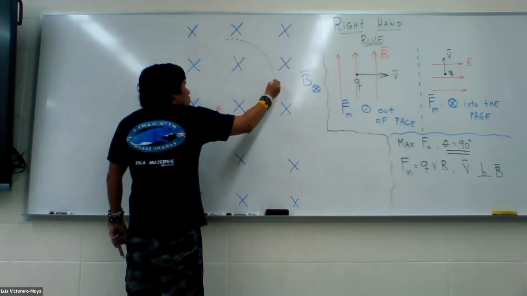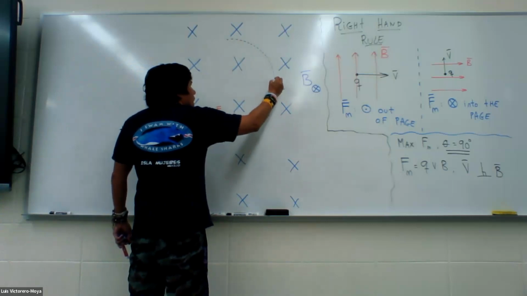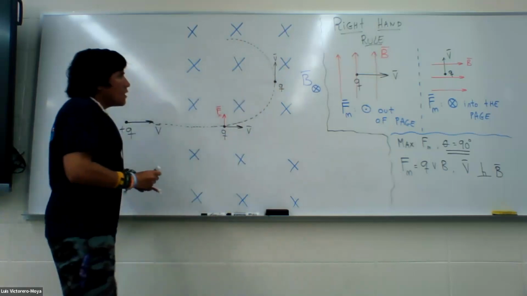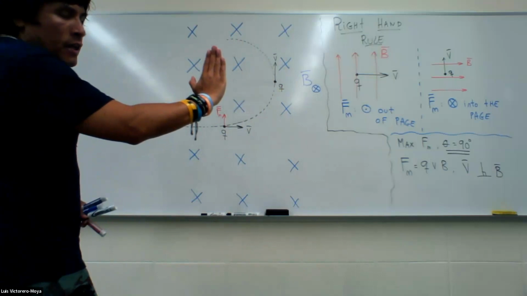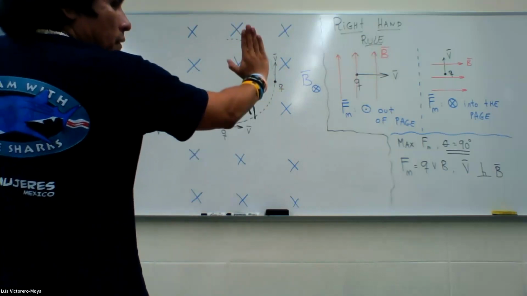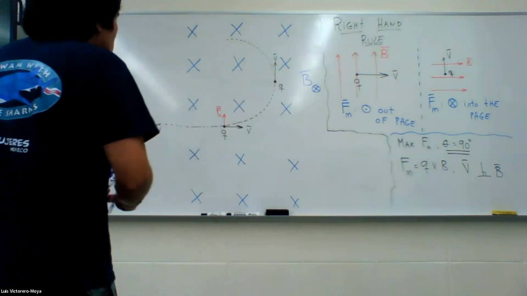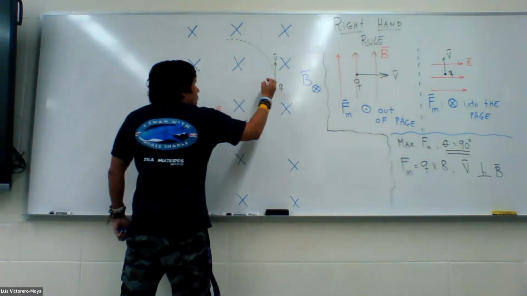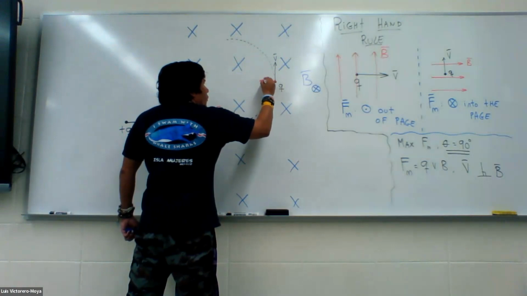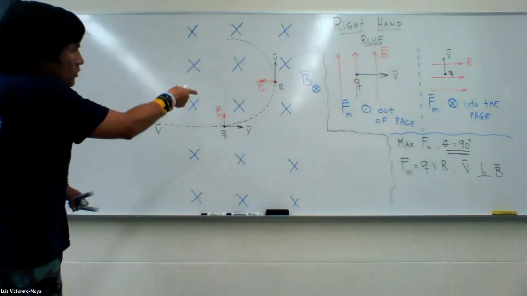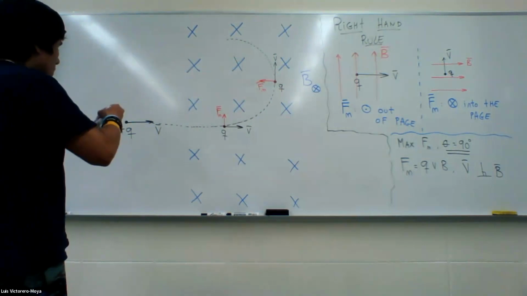Because if the charge is here and it's now moving like this, the velocity is up into the page. There is a force now like this. So it's going to be deflected like that.